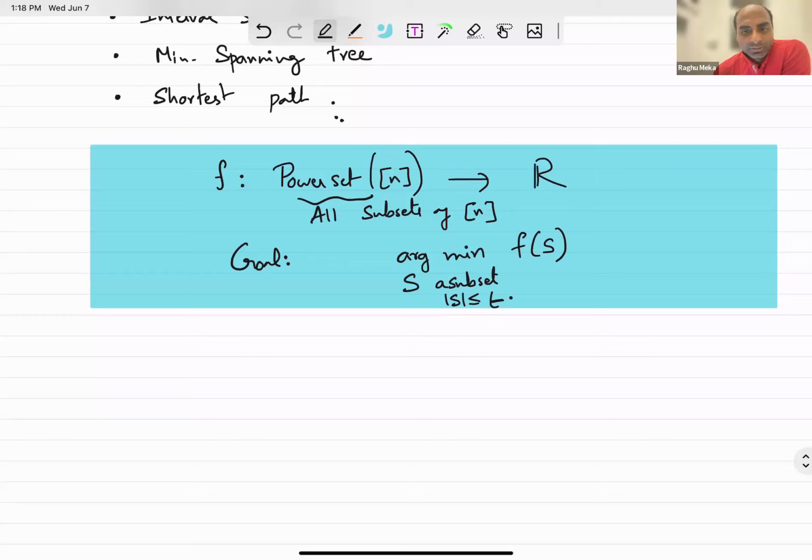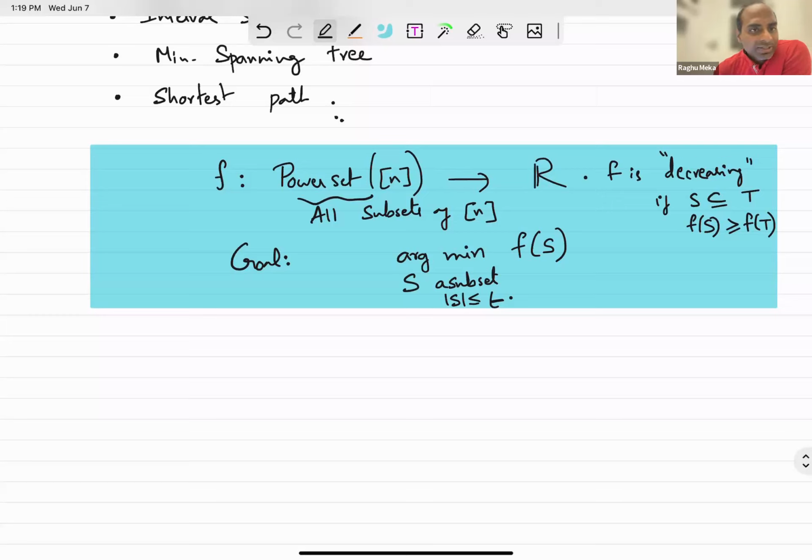I have a function on subsets, and let's say f is decreasing, meaning if S is smaller than T, then f of S is greater than or equal to f of T. So it's decreasing as a function of subset, and you're trying to find the set which minimizes the function subject to a size constraint.